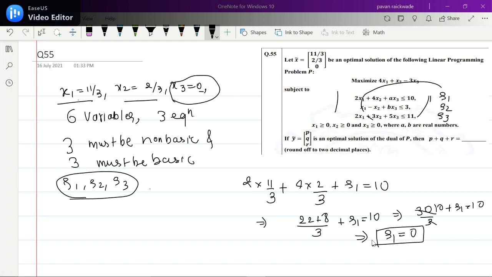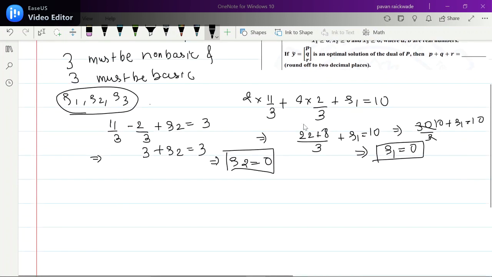Okay, so I got s1 as 0. In the second equation, x1 minus x2, 11/3 minus 2/3 plus s2 equals 3, which implies 3 plus s2 equals 3. Which again implies s2 is 0.